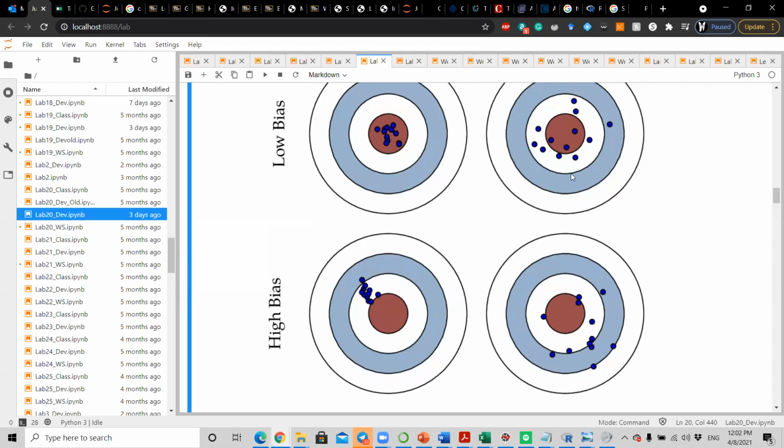If you take the average of those points and you are close to the bullseye, you are dealing with a high variance model. So in this case, if you take the average, where will you be? Somewhere around here, right? Is this a good point to be? Okay. So you're dealing with high variance and low bias.